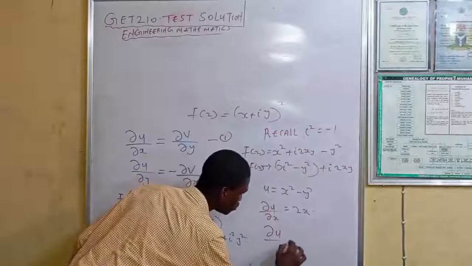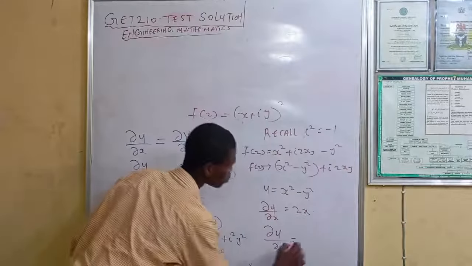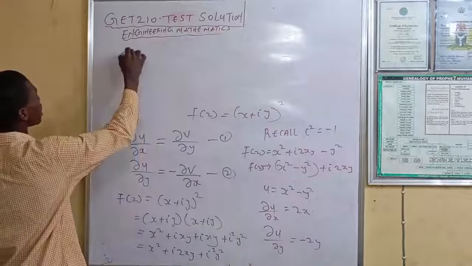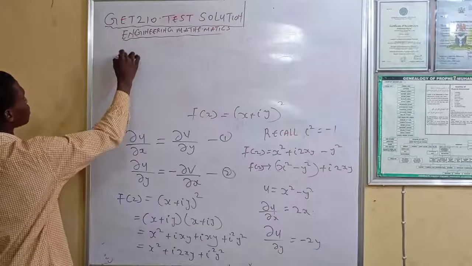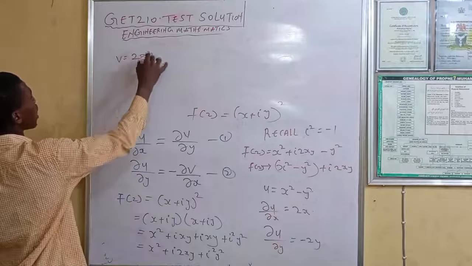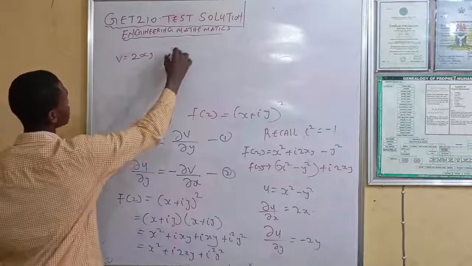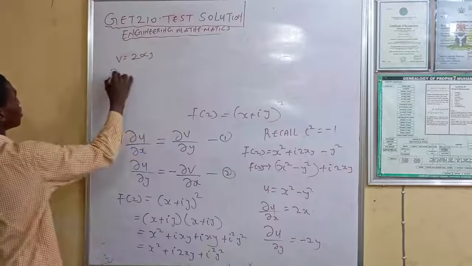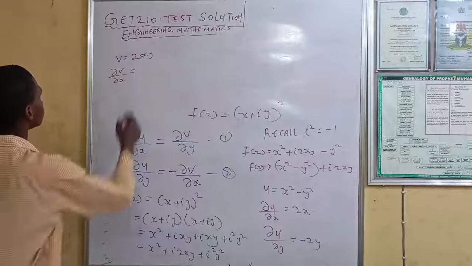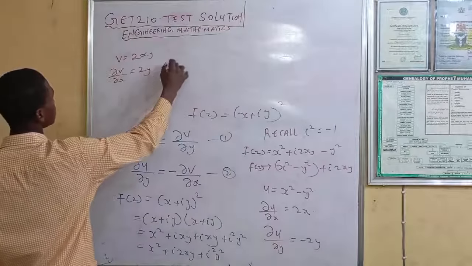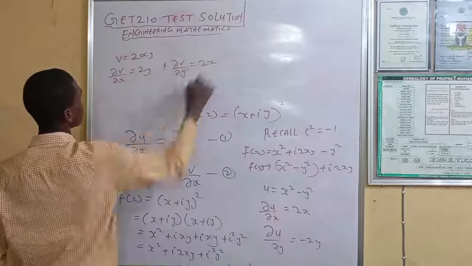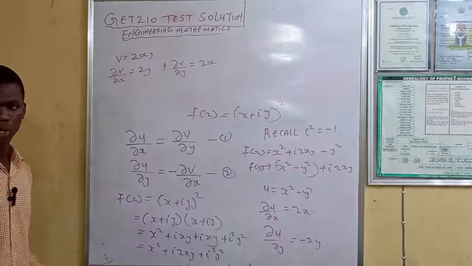The derivative of u with respect to y will be equal to minus 2y. Then for v, since we know that my v is equal to what? 2xy. The derivative of v with respect to x will be equal to what? 2y. And the derivative of v with respect to y will be equal to what? 2x.